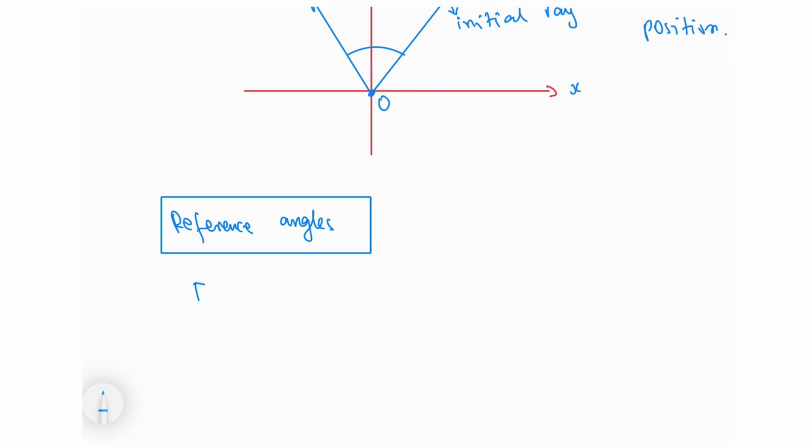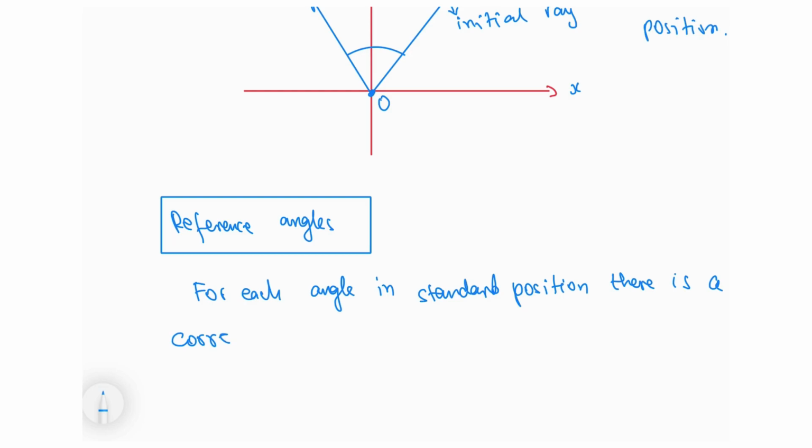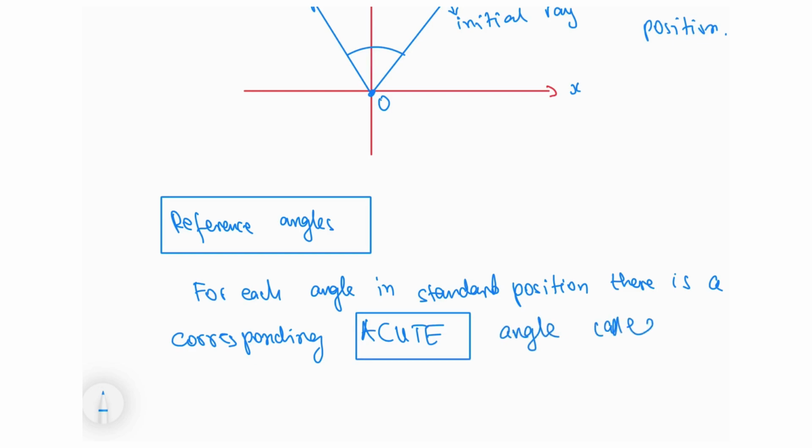So first of all, for each angle in standard position, there is a corresponding, and this is now important, acute angle called the reference angle. So that has to be an acute angle.